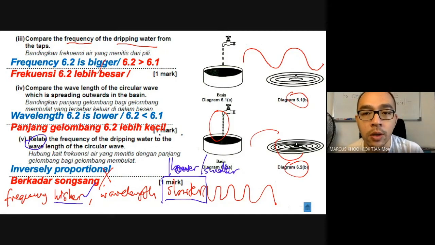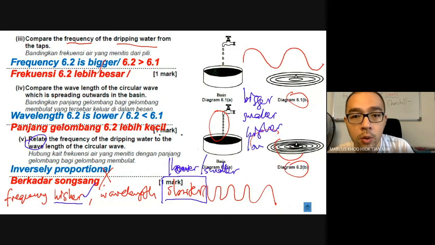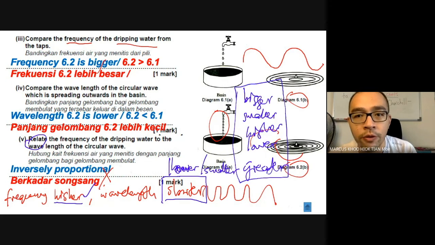So I always tell my students to use the safe words, which are bigger, smaller, higher, which Ethan used just now, lower, and another one for bigger and higher is also greater. After a while, when you go into Form 5, you will realize that I will only emphasize these words.